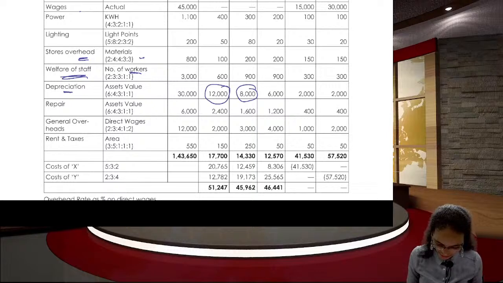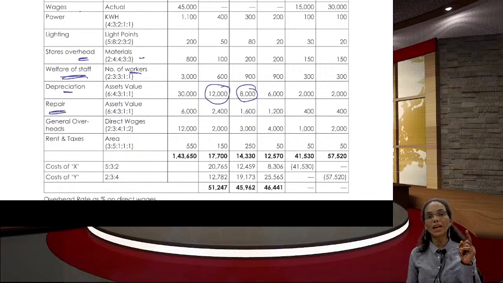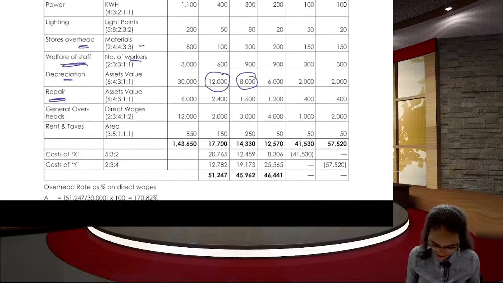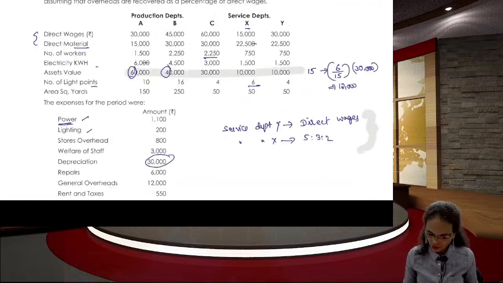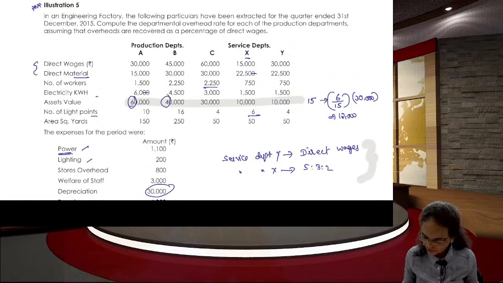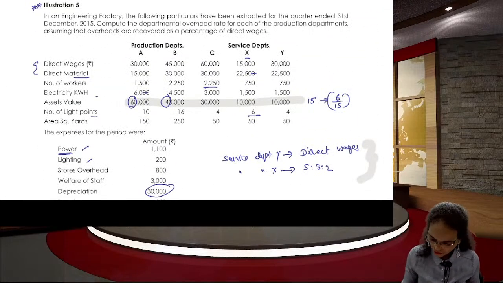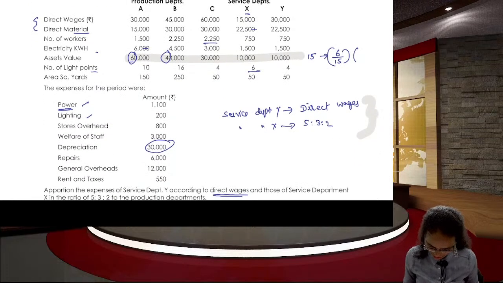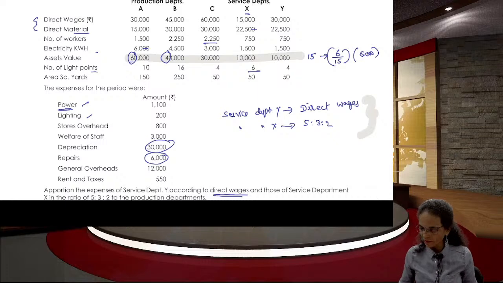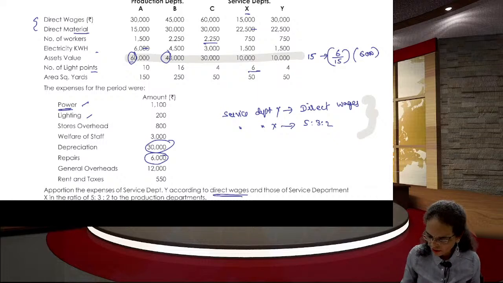Next one. Repairs. Repairs also on the value of the asset. What is the value of the asset? See, just now we have seen 6, 4, 3, 3, 1. Repairs 6,000. 6 divided by 15 into 6,000, that is 2,400.